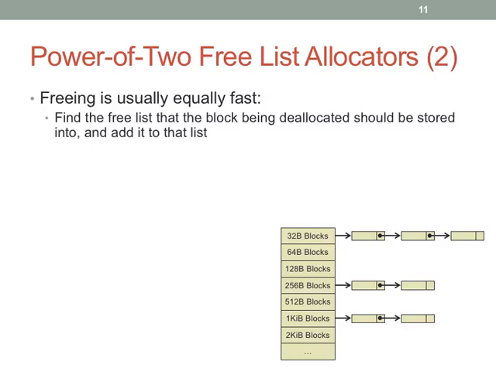Freeing can be fast as long as somehow we remember what free list the block came from, or in other words, what size the block is supposed to be so that we can dump it back into the appropriate list. And this is where it starts to get a little bit challenging, because how are we supposed to remember the size of a block?